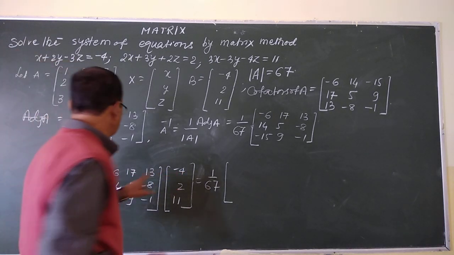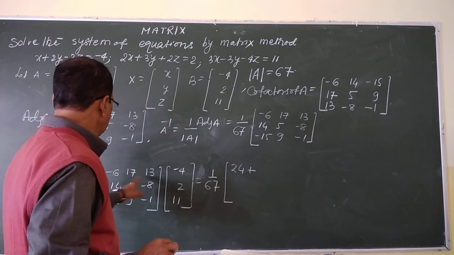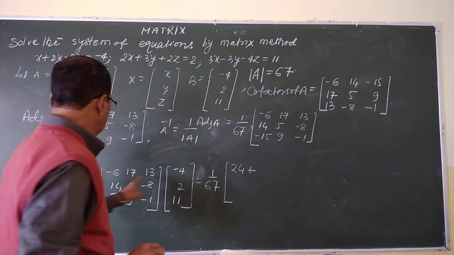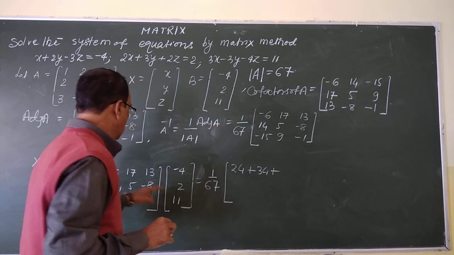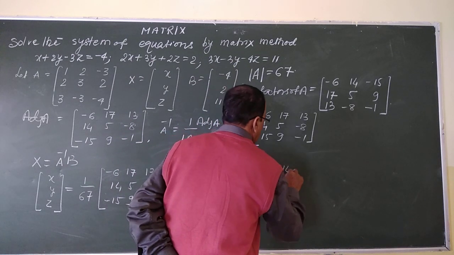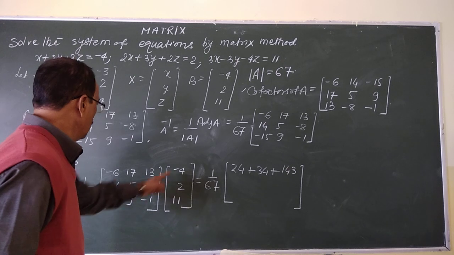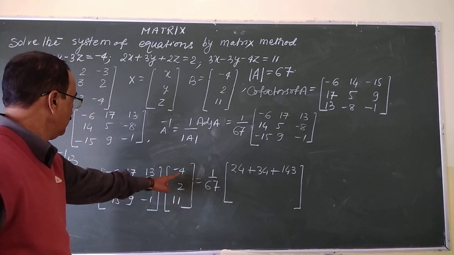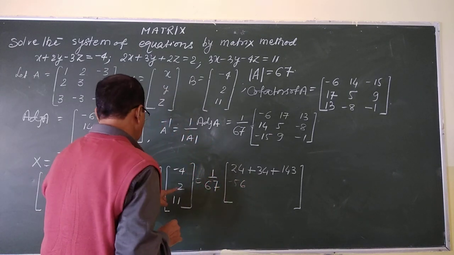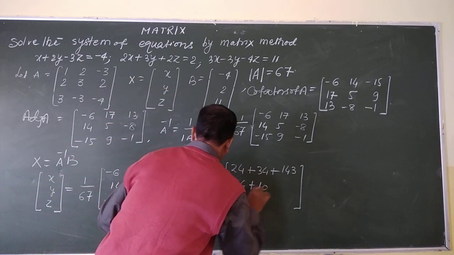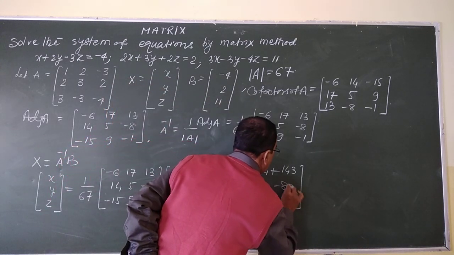Minus 6 into minus 4 is 24, plus 17 into 2 is 34, plus 13 into 11 is 143. The result is 201. Then this row with this column: 14 into minus 4 is minus 56, 5 into 2 is plus 10, and minus 8 into 11 is minus 88.